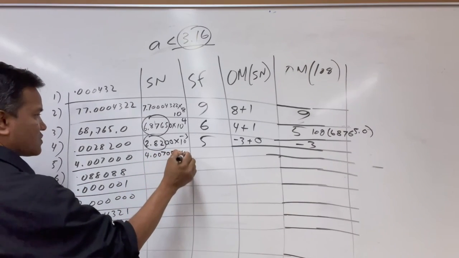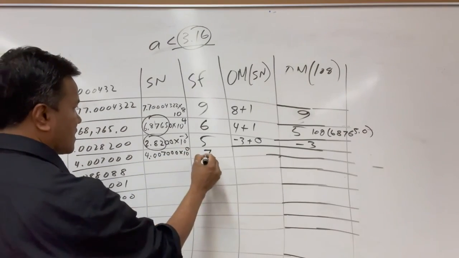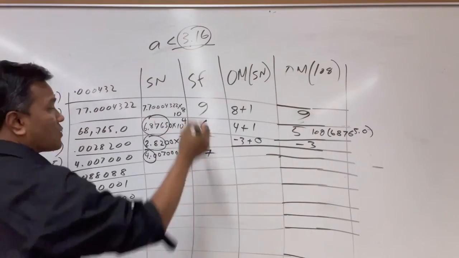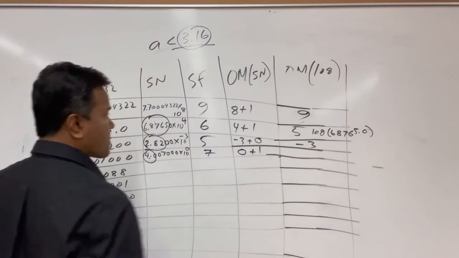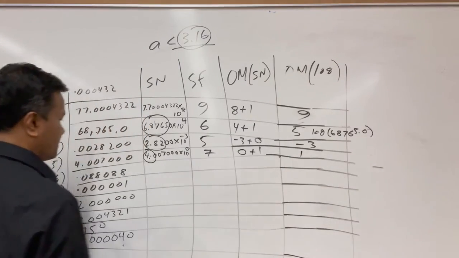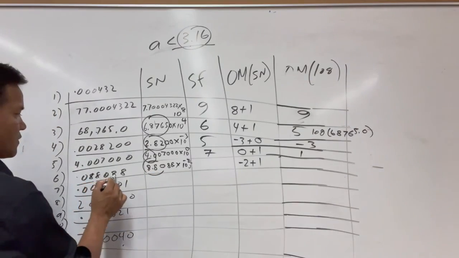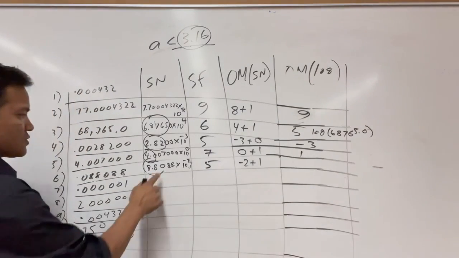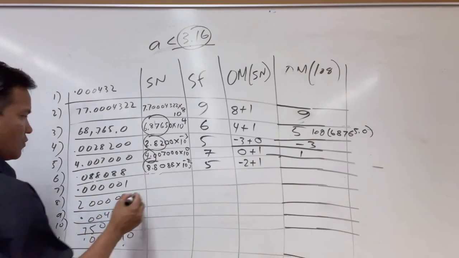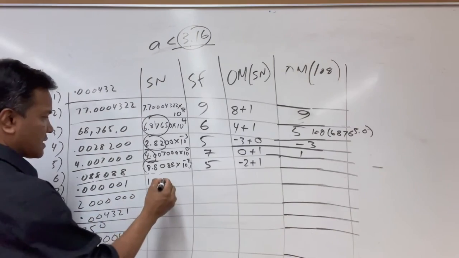Now 4.007000 times 10 raised to 0, right? Now 1 2 3 4 5 6 7, 7 sig figs, and then 4 is bigger than 3.16 of course, so 0 plus 1. And when you take the log of this, of course that gives you 1. Now next, let's write, I don't know, 1 times 10 raised to negative 6.